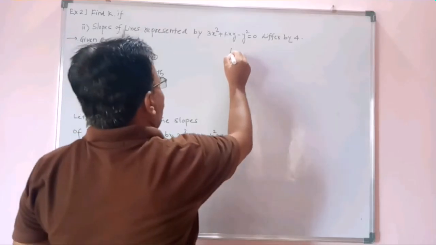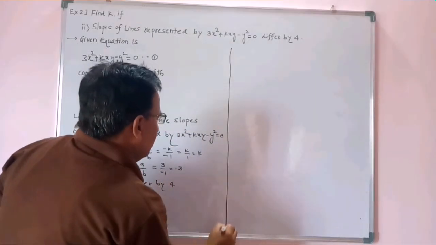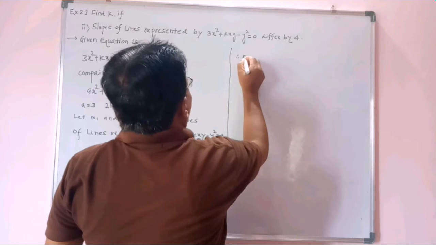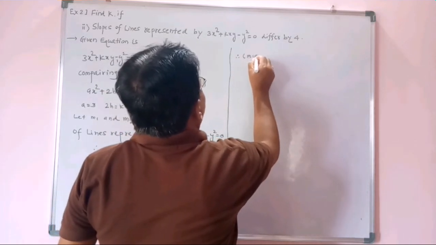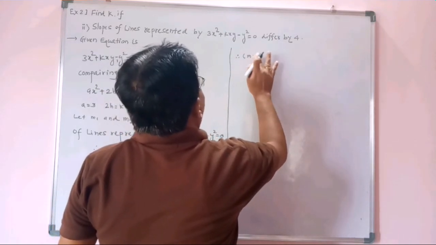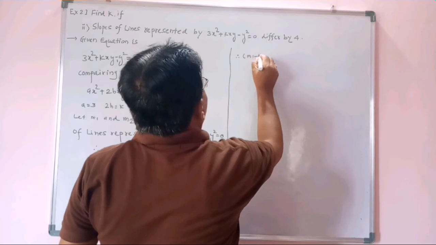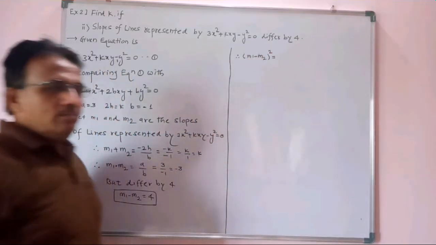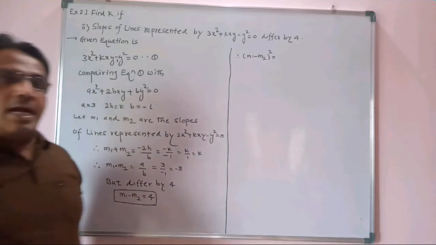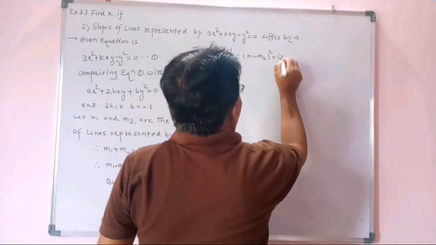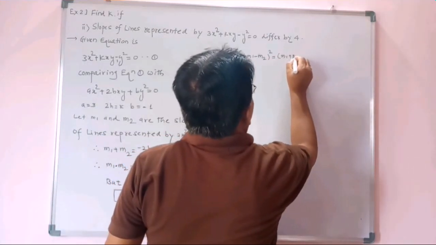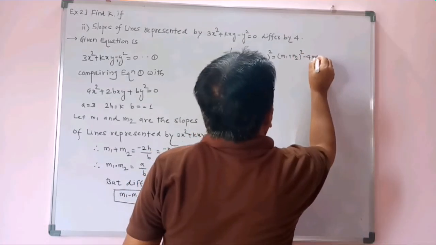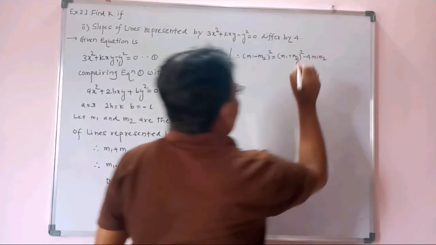Therefore, we use one formula: m1 minus m2 bracket square equals m1 plus m2 bracket square minus 4 into m1 into m2.